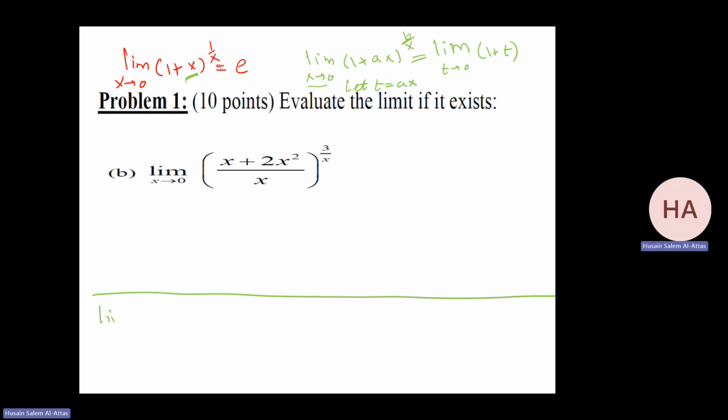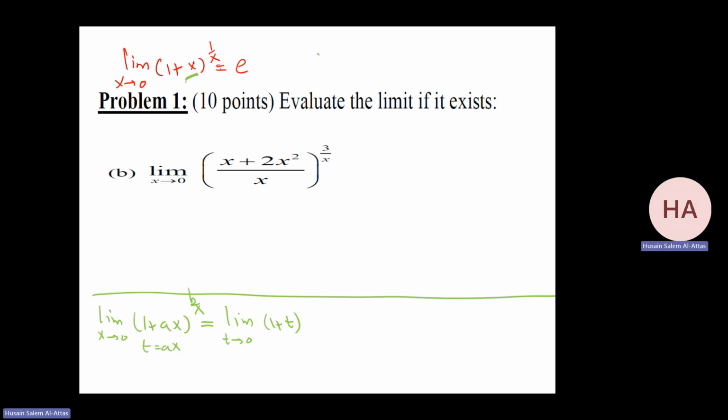Because you have a formula we can use later. Limit, b over x. That will be limit, I let t equal ax. Limit t goes to 0 of 1 plus t to the power, now what will be the power?